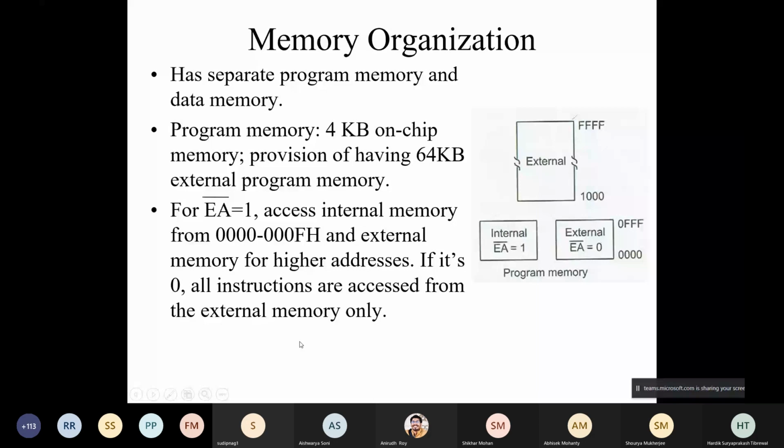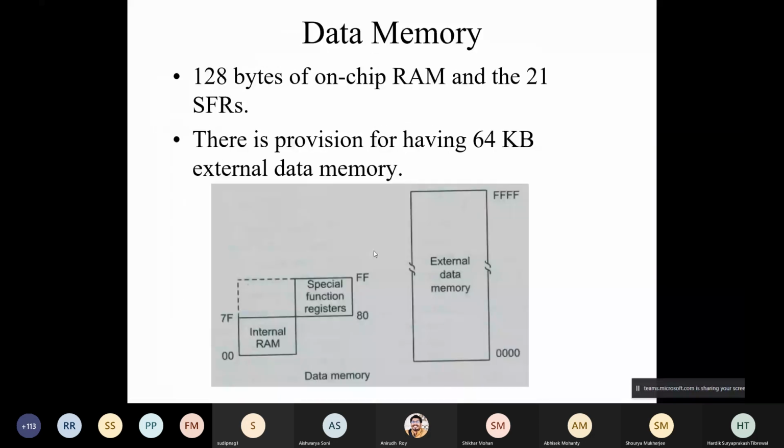But for data memory, you have to make sure that again those two options are there: either internal RAM, whatever number of bytes, 128 or so, and then external provision through the data pointer is available for accessing the entire space. So for data memory, you can again have the entire area from 0000 to FFFF, or the entire memory range.